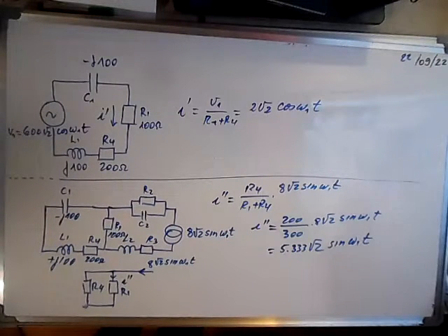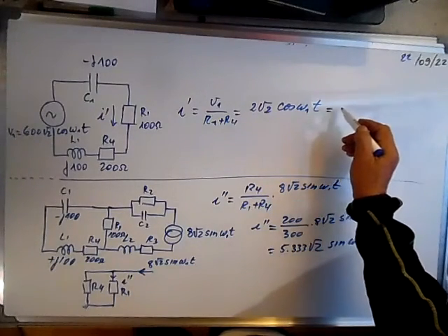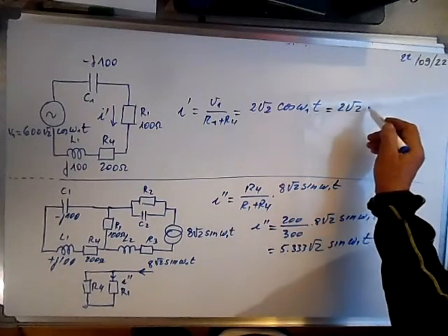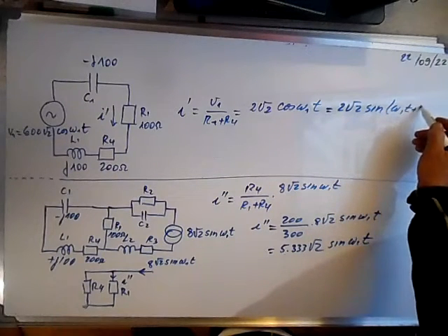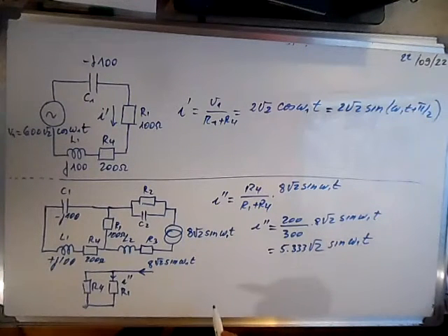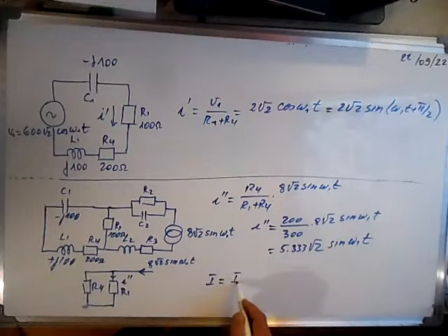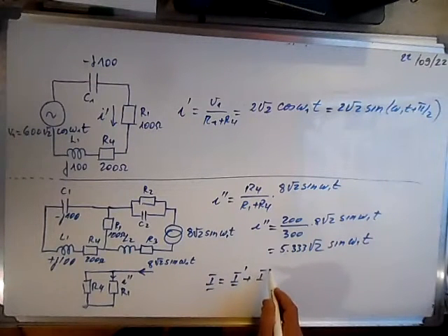And now we have to change this cosine into sine: 2 square root of 2 sine omega 1 t plus pi over 2. Now we have to calculate the main current, which in complex form is I equal to I prime plus I2 prime.